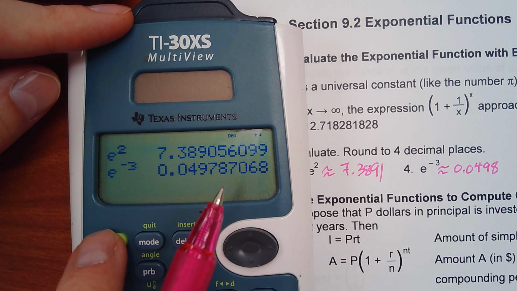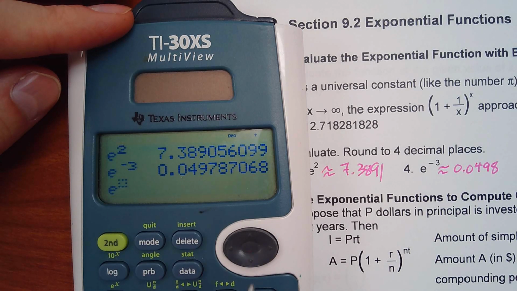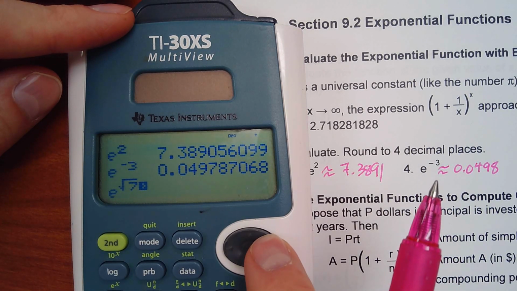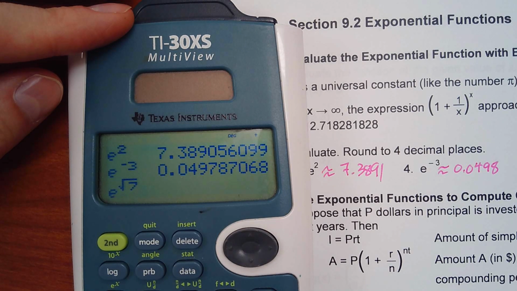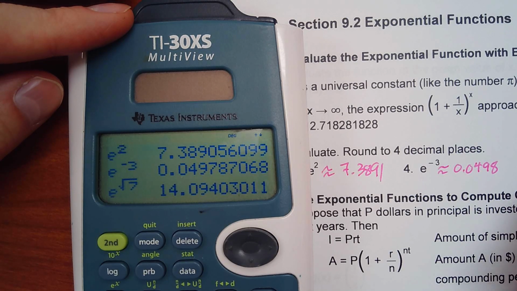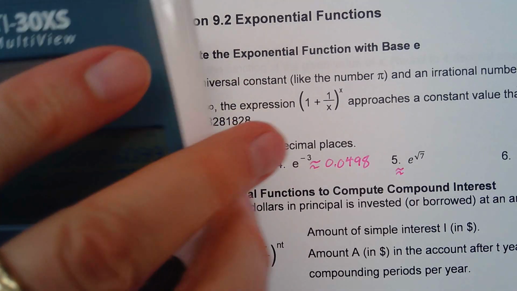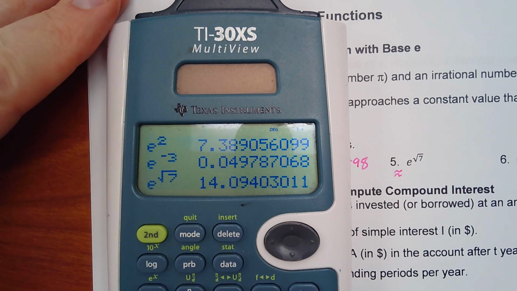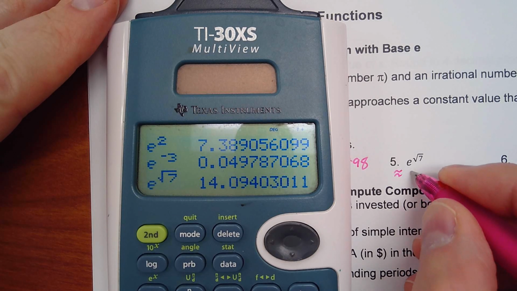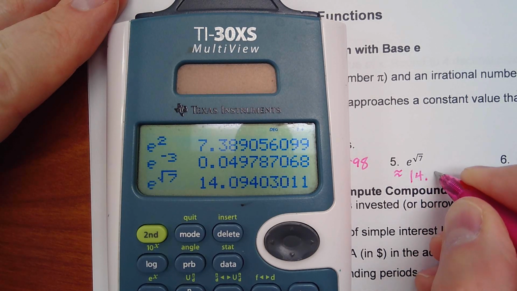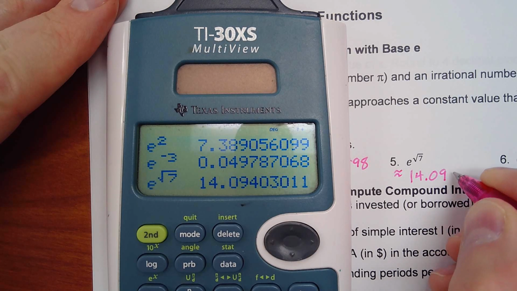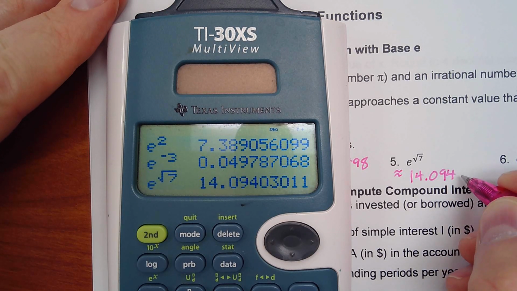For this one, we do second ln, second squared key, type my 7, hit my right arrow key a couple times, and hit enter. And so that would round off to 14.094, I guess it would stay 0.